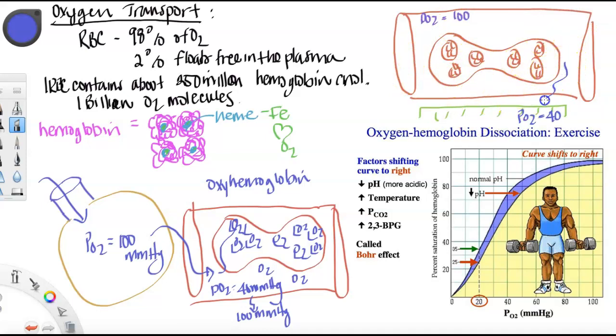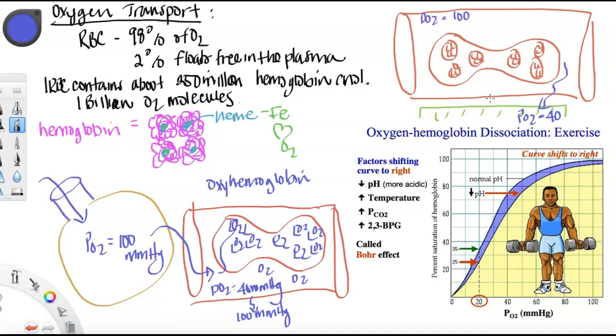So it will diffuse in. As the tissue absorbs the oxygen and its PO2 goes up toward 100, the oxygen gets less sticky. As that number equalizes, it gets less sticky to the hemoglobin.